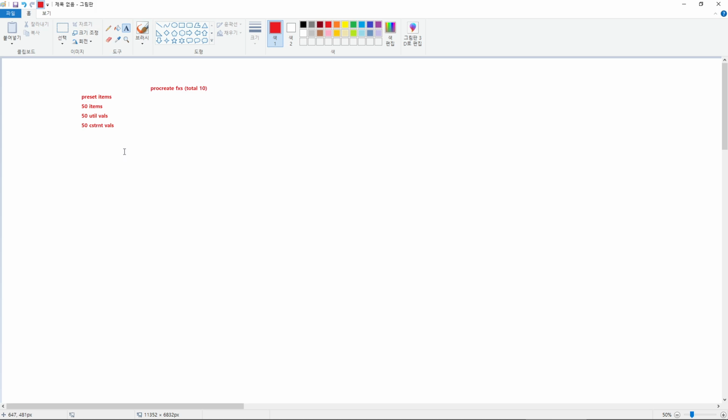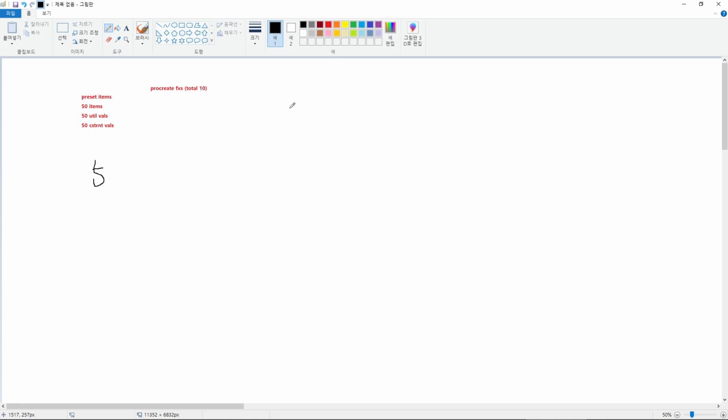And I ran all these evolutions 5 times each, 5 iterations per procreate function.